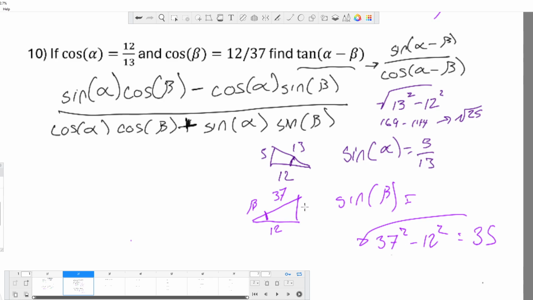We calculated this missing side to be 35. So sine of that angle is opposite over hypotenuse, so sine is just going to be 35 over 37. And now at this point, we have all of the pieces of information we need in order to plug all this in.